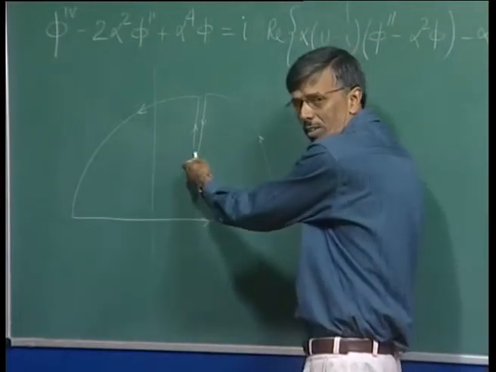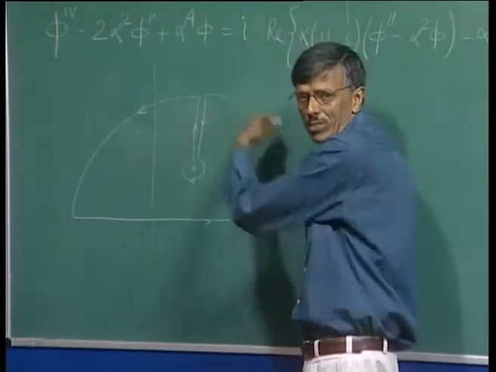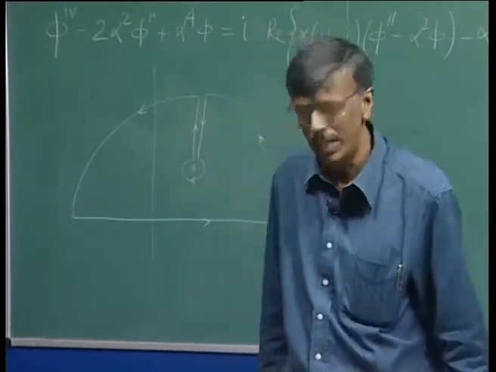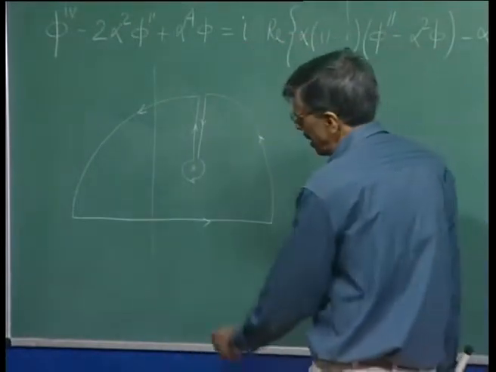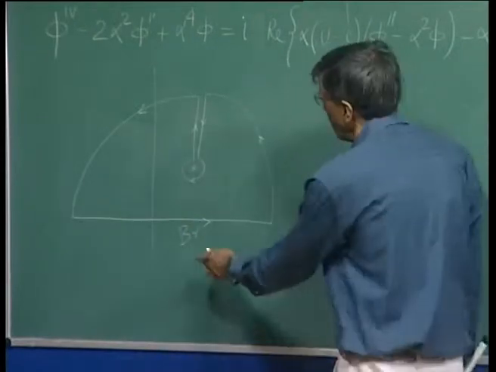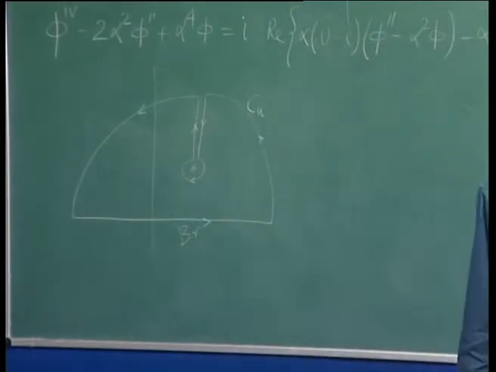We exclude the singularities, so that the function is analytic everywhere, and then we say by Cauchy's integral formula it should be equal to 0. It should be equal to 0, it is fine, but then it has a couple of contributions. One comes from the Bromwich contour, the other comes from the contour which is in the upper half plane.